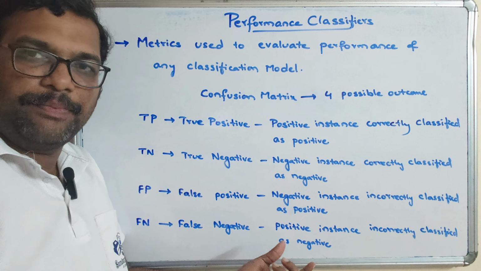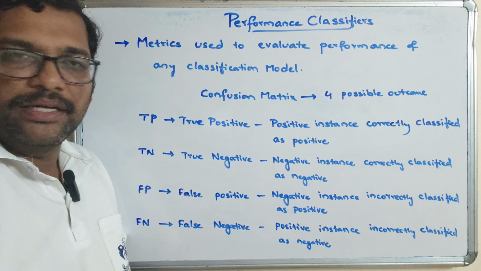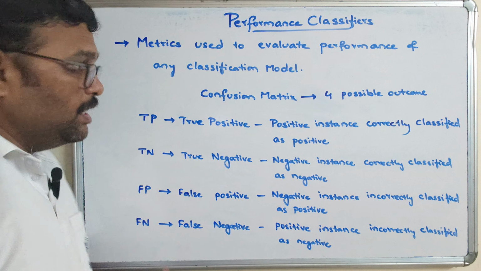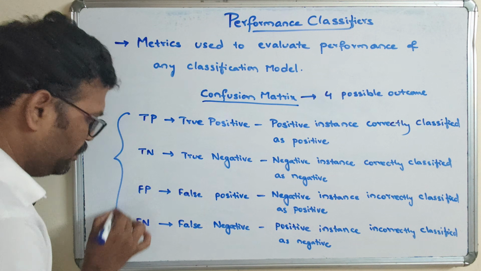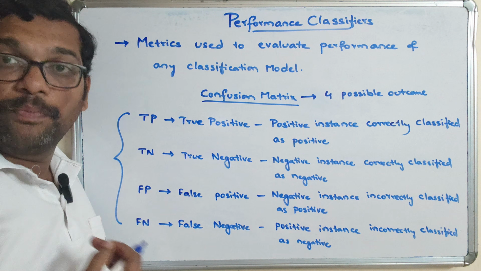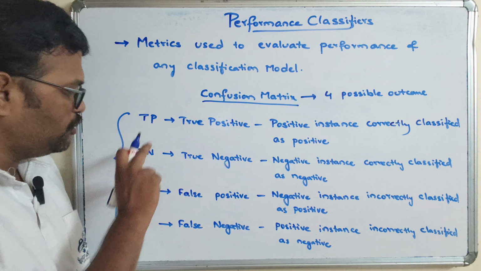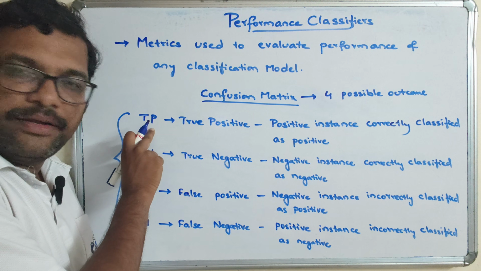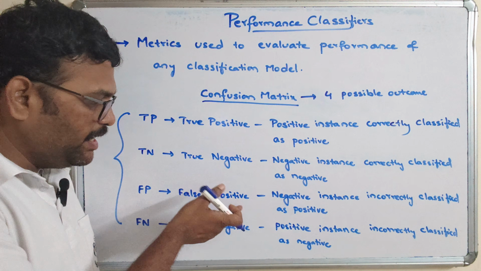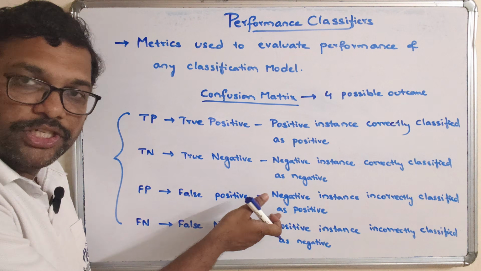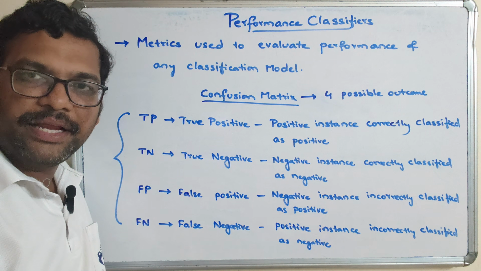So the confusion matrix has four different outcomes: true positive, true negative, false positive and false negative. These two are correctly predicted and these two are wrongly predicted. The negative instance is predicted as a positive, and here the positive instance is predicted as a negative.